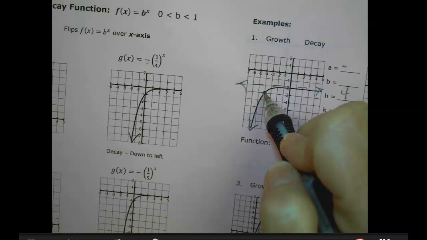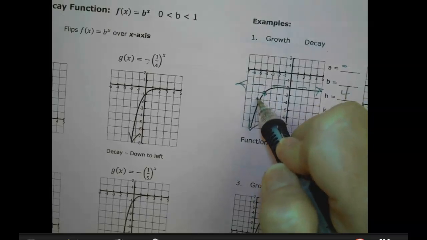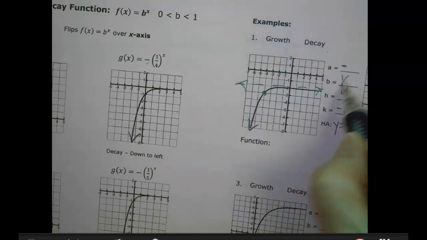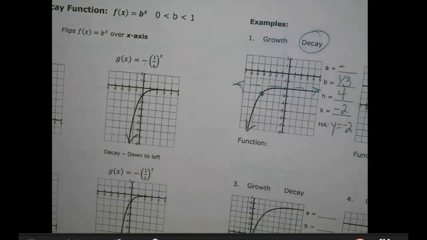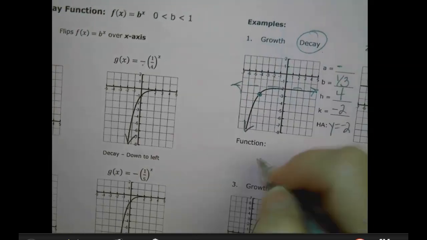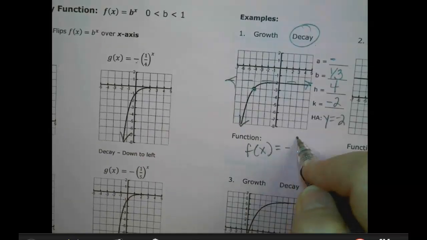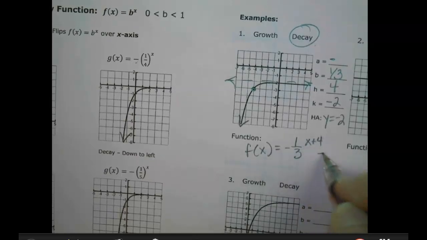And then I have to find my base. So I'm going to count back and then up. 1, 2, 3. So it's 3, but this is 1/3. And this is a decay. And so this is my negative. So my function is going to be -(1/3)^(x+4) - 2.